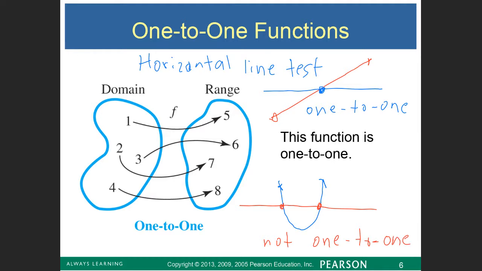Most of the time, by graphing the equation or the function, you can easily tell if it is a function by doing the vertical line test. That's testing for a function. And here, we use the horizontal line test to test whether it is one-to-one.